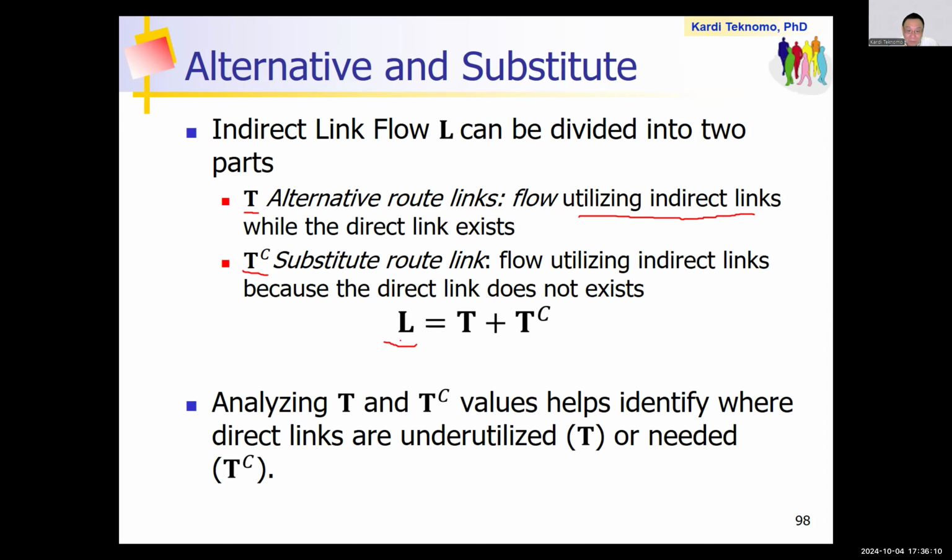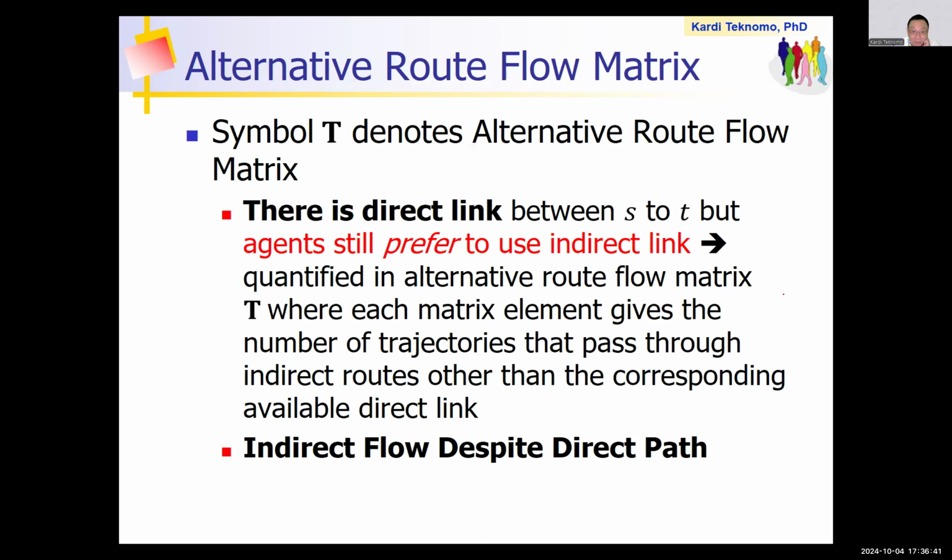Of course, because they are complements of each other, we can say that indirect links can be decomposed into two: alternative route and substitute route. If you analyze these two elements, it will help you identify where the direct link is actually underutilized or needed. The symbol T here represents the alternative route flow matrix.